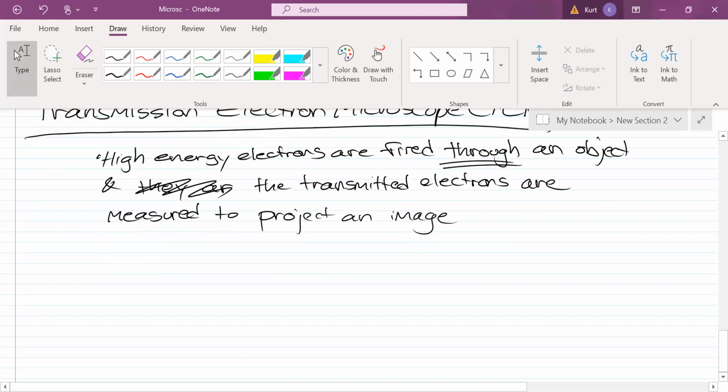Now we use this one to look at generally the inside of cells that we can't see with the light microscope, because the light microscope has a limited resolution and a limited magnification. Generally, light microscopes can go a little more than 1,000 times magnification. These things can go like 100,000 times magnification. So we can see things like organelles, viruses, and molecules like proteins.